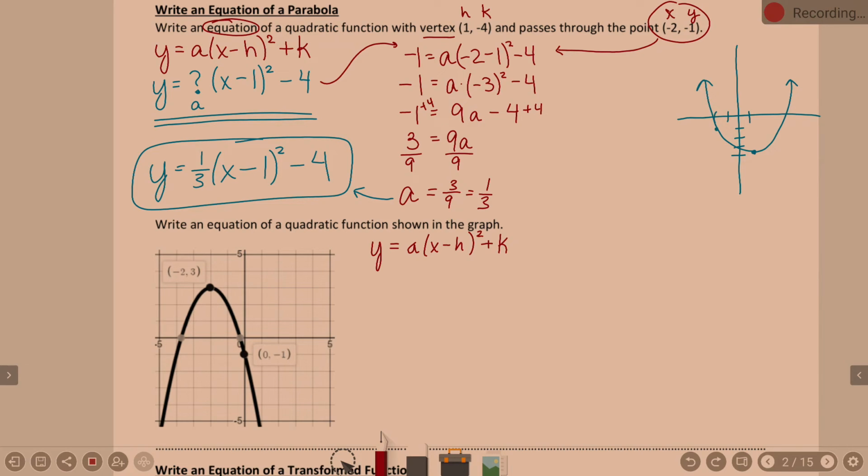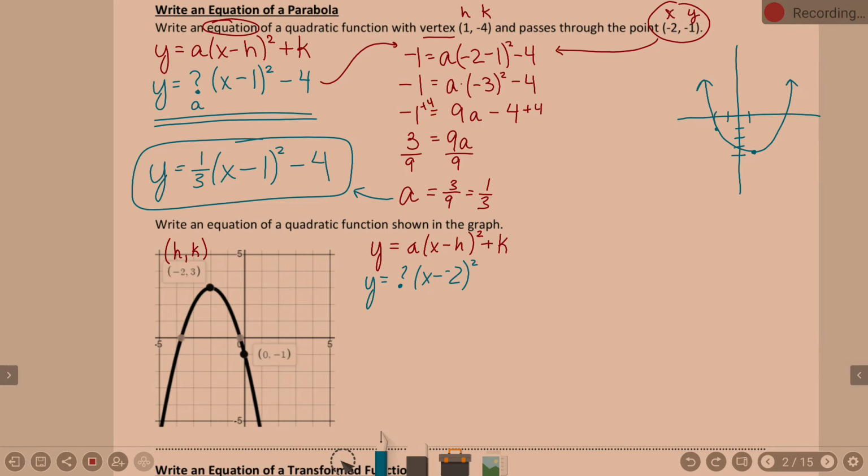What's my vertex? -2, 3, and so that means -2 and 3 are my h and k values. So if I was given an answer right now, y equals, we don't know a yet, but x minus, what's x minus -2?